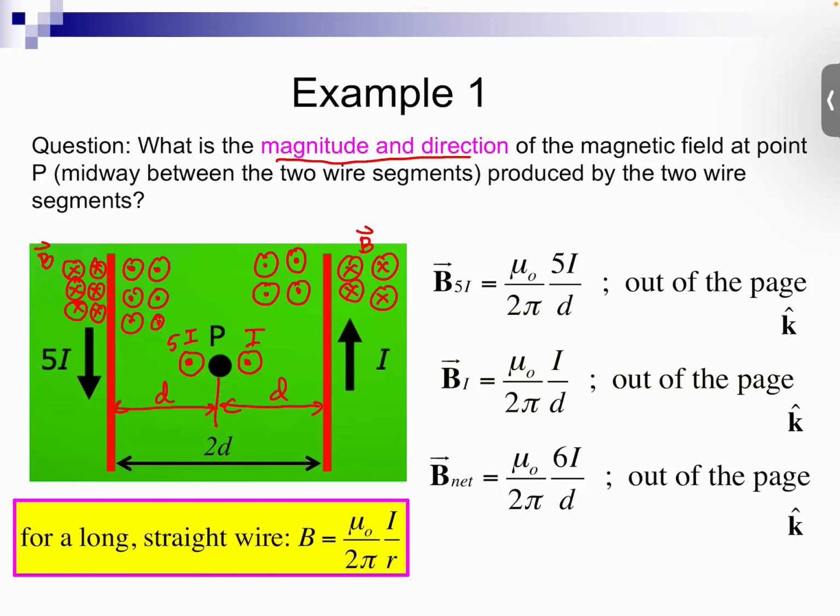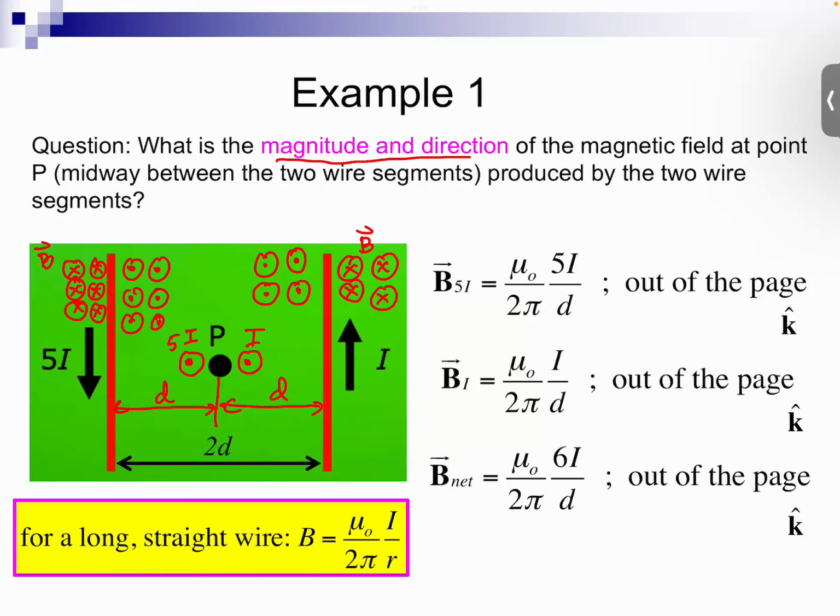The 5I and I will add up into 6I. The mu naught is a constant; it's there for both.